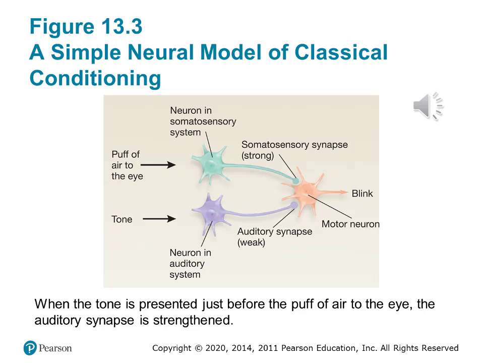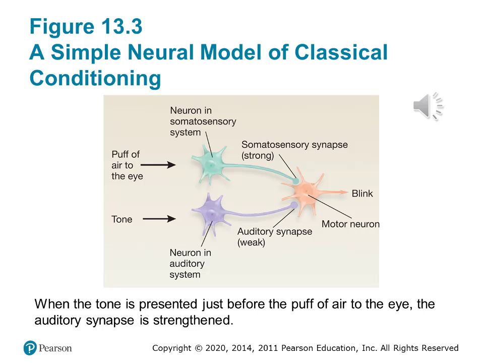So here you see a schematogram of the process described in the previous slide. A puff of air is shown to be applied to the neuron of the somatosensory system in the eye, followed by a tone to the neuron in the auditory system. The reaction after the puff of air in the somatosensory synapse is strong, whereas the reaction in the auditory synapse after a tone is weak.